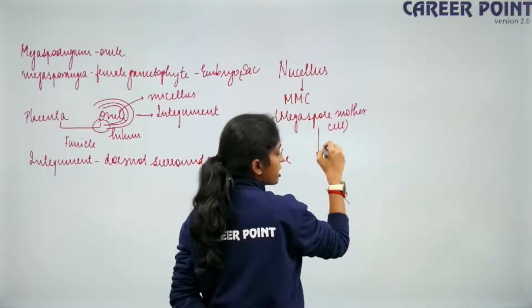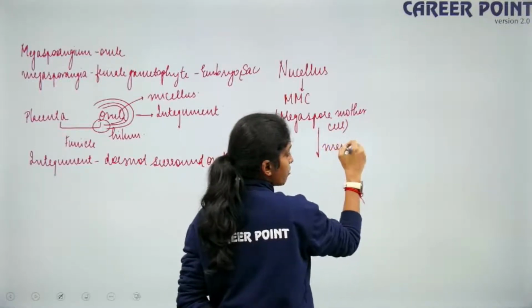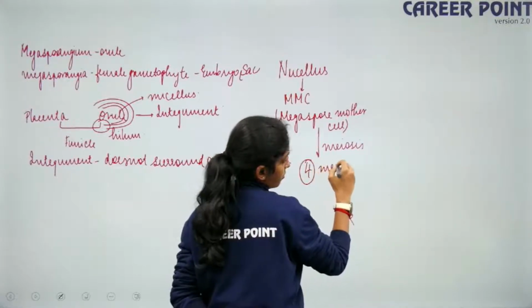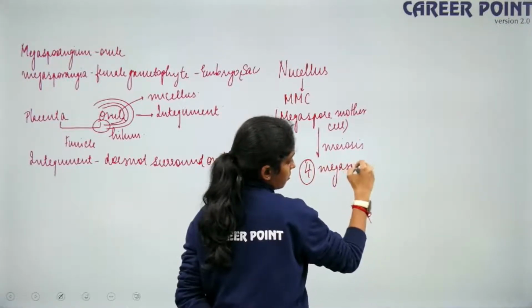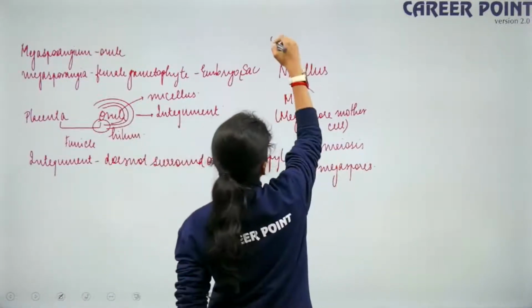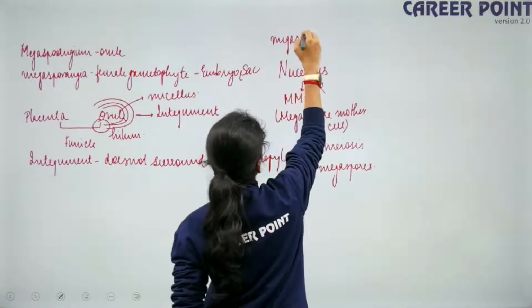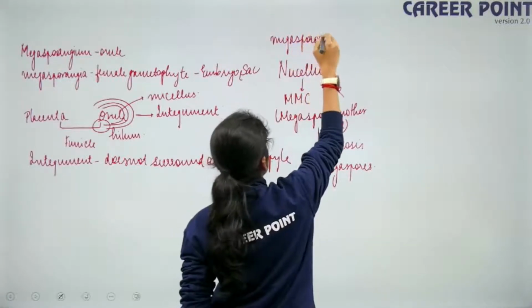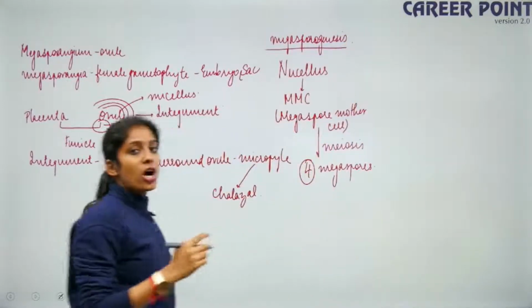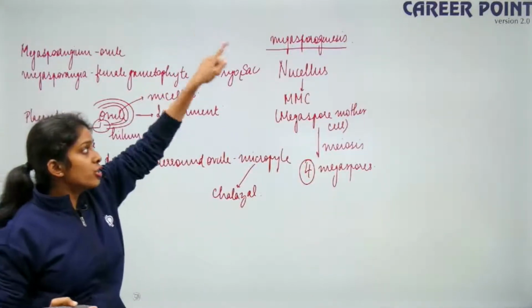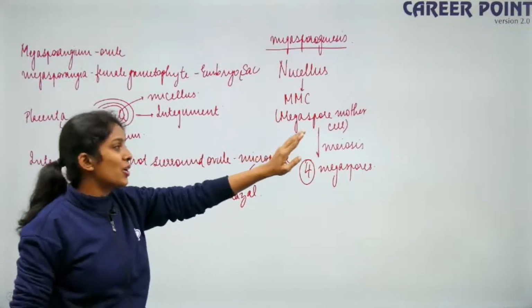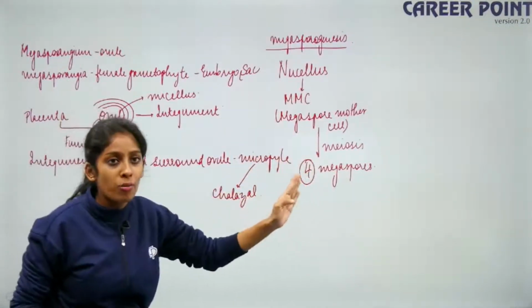This megaspore mother cell undergoes meiosis to form 4 megaspores. Fine. And this entire process is known as megasporogenesis. So in the androecium, we spoke about microsporogenesis, and this is your megasporogenesis. So nucellus contains your megaspore mother cell. This undergoes meiotic division to form 4 megaspores.